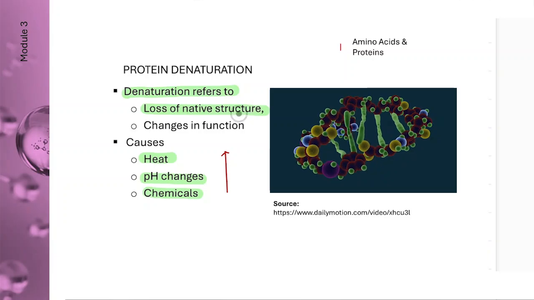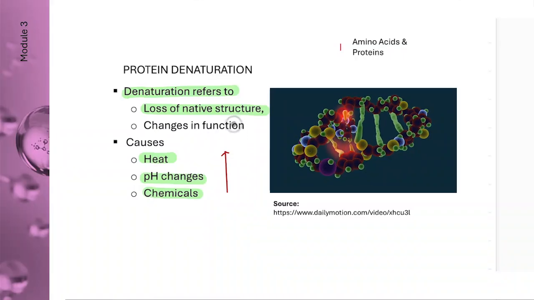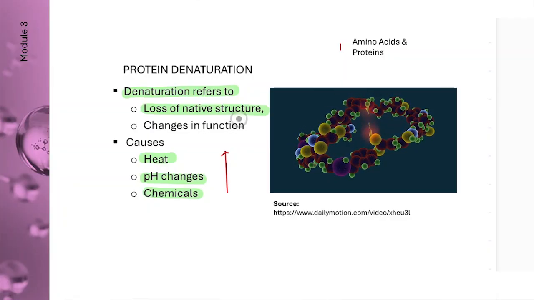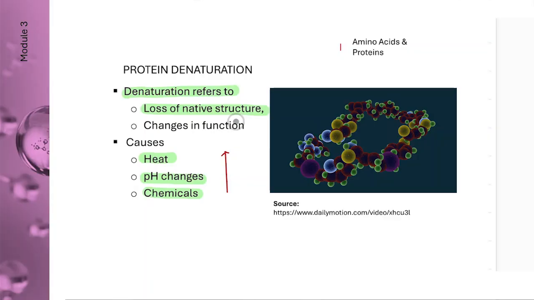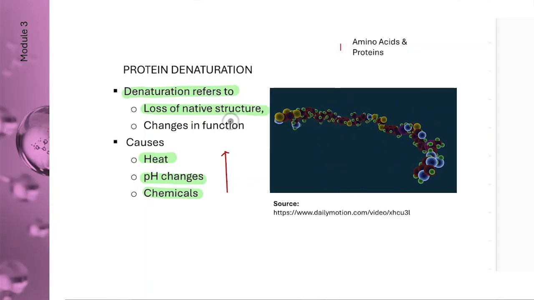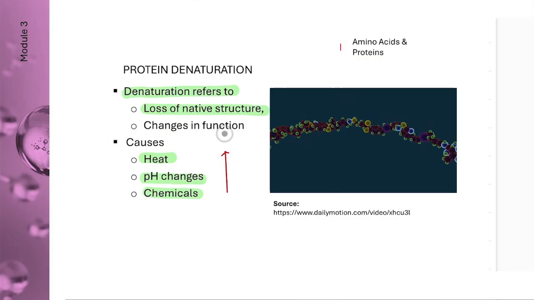Biologically, it could lead to the protein being inactive. But we use denaturing in the food industry for a lot of positive things. Denaturing is used to break down proteins into smaller polypeptides. I'll be looking at examples of this.